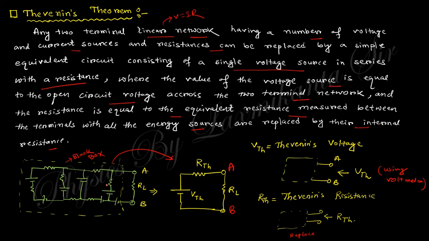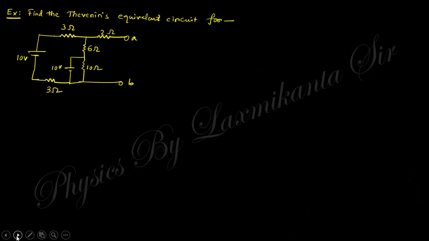Now you can take an example. Try to solve this question: find the Thevenin equivalent circuit for that. You can see there are two terminals, A and B. After these two terminals, this can be replaced by a Thevenin resistance with a Thevenin voltage.